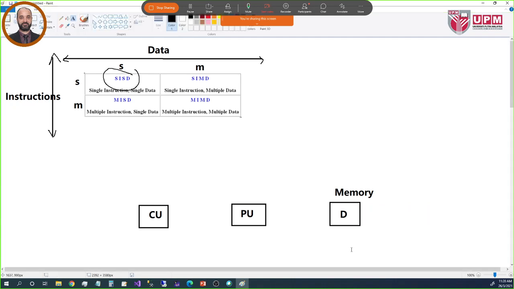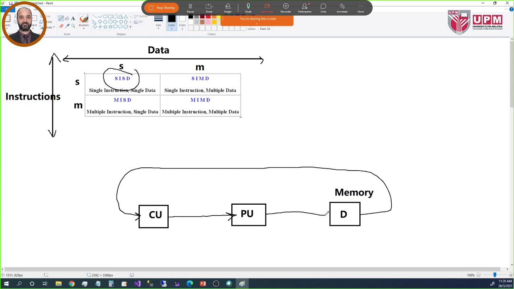In this case, the control unit is going to control the processor and also the memory. The data is going to be called from the memory to the control unit. Then it will be given to the processing unit, and the processing unit could update that data or write other data.